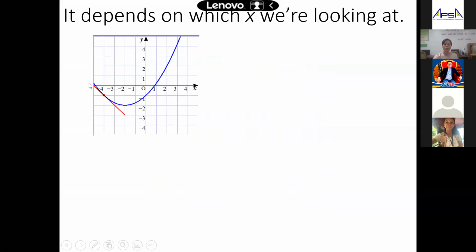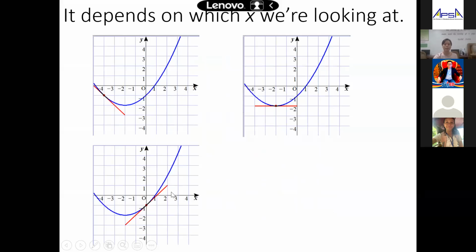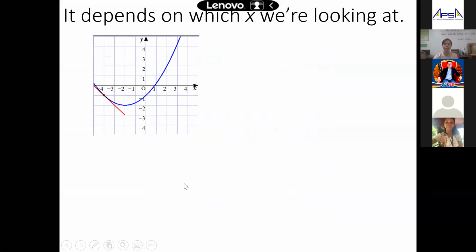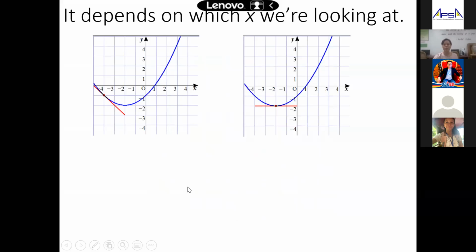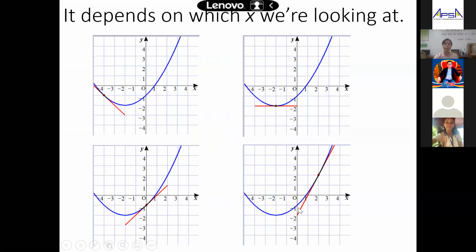Actually, here the graph is going down, okay, or flat, slope is 0. So it depends on where you're looking at. If you're looking at the left part, then the graph is going down, okay? But then if you're looking at this x, then it's moving up a bit, and then here the graph is rising faster. So this is now a calculus problem. So I hope this clarifies one difference between calculus and algebra. For algebra, we can only analyze lines.